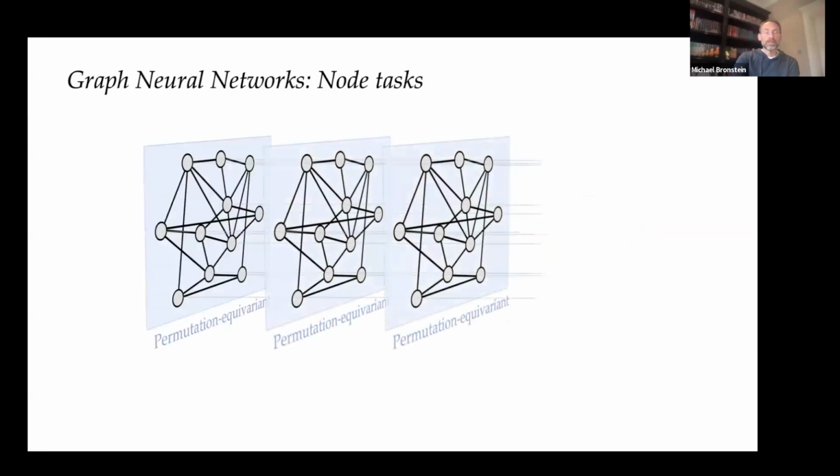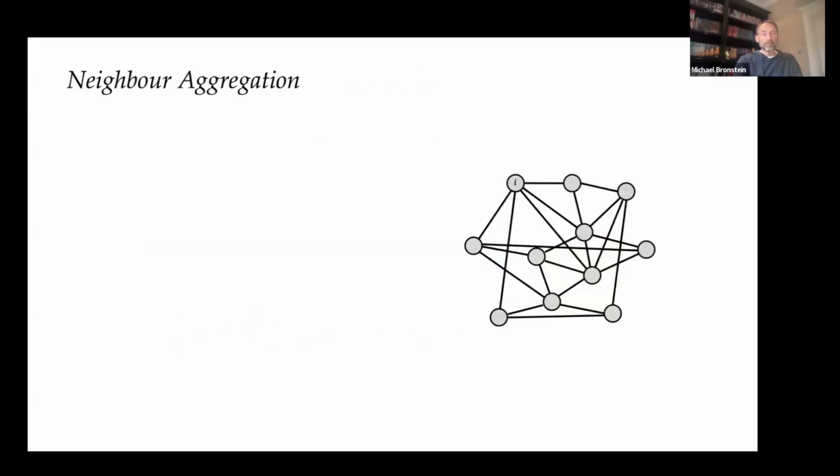And graph neural networks essentially apply multiple steps of permutation equivariant layers. They produce node embeddings, right, or some vectors that represent the nodes of the graph. And if the task requires graph-wise predictions, we can also aggregate everything in a permutation invariant way and obtain a graph-wise prediction for this input.